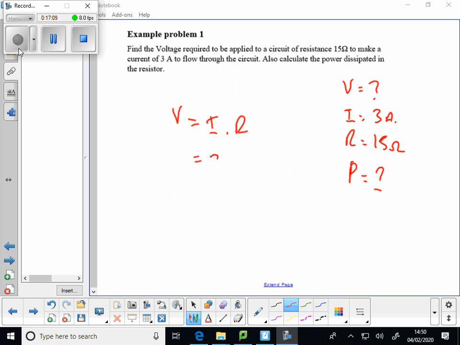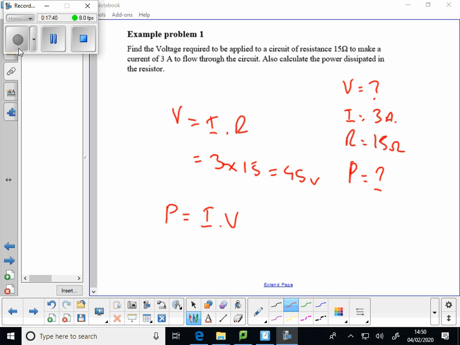Yeah, that's 3 times 15, 45 volts. You could do that. Why might I not like that quite so much? In this particular example, you've got an exact answer and you haven't rounded it.